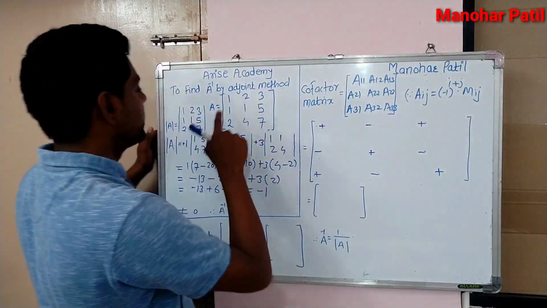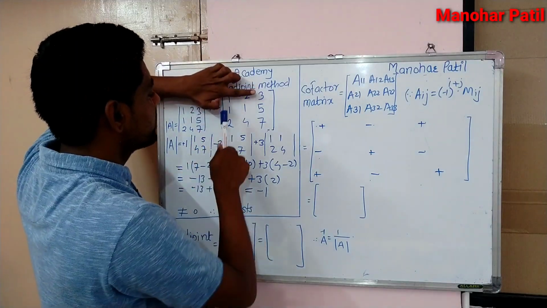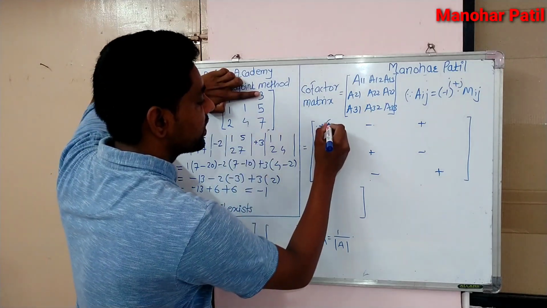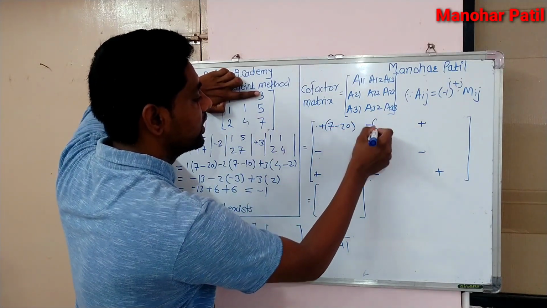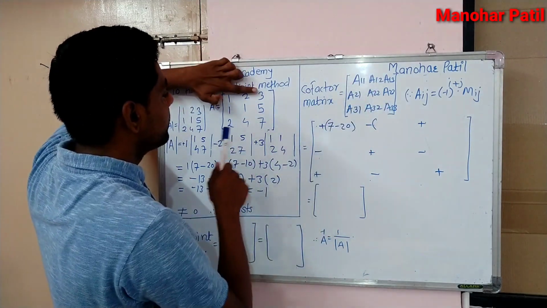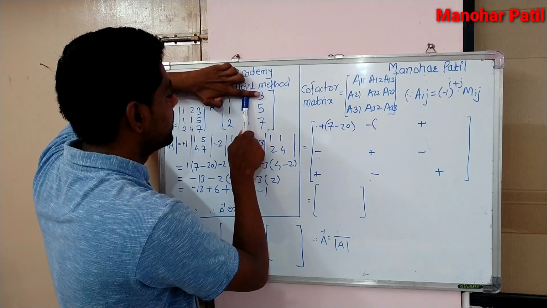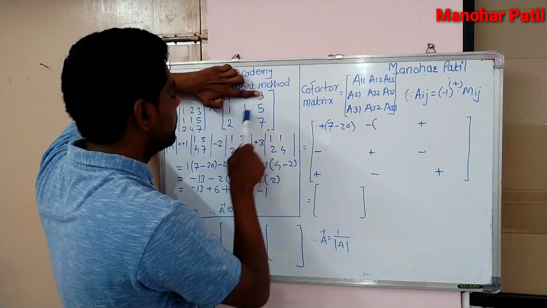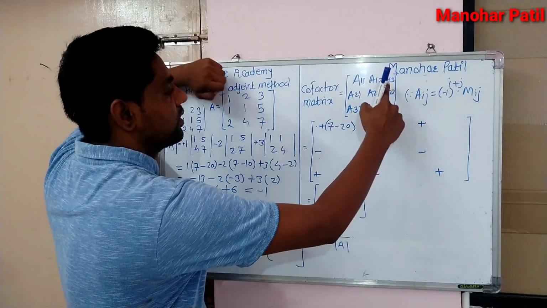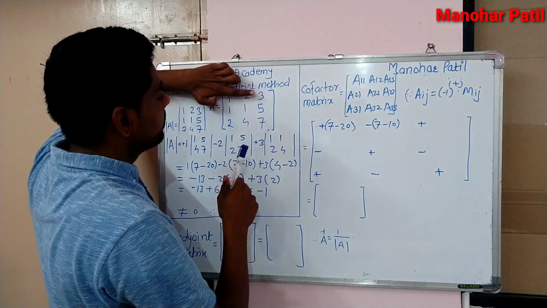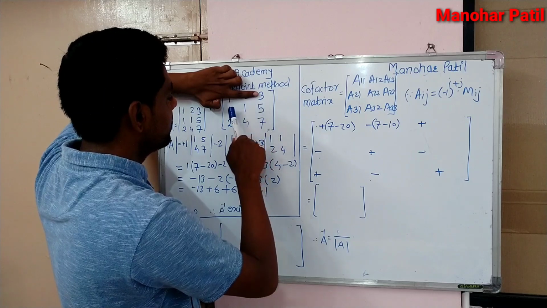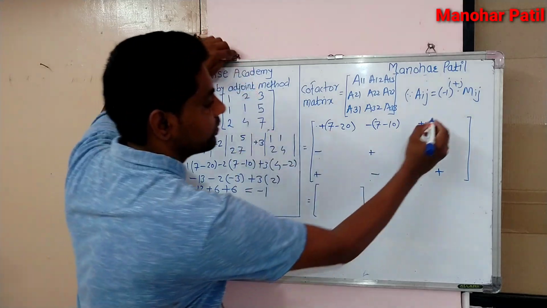We directly calculate the minor of the first element, present in the first row, first column. The answer is 7 into 1, 7, minus 20. Next, A12, present in the first row, second column: the minor is 7 minus 10. The minor of A13, present in the first row, third column, is 1 into 4, 4 minus 2.